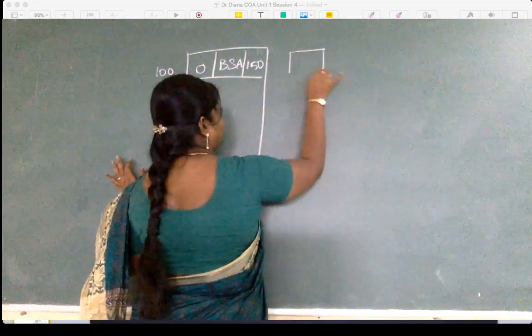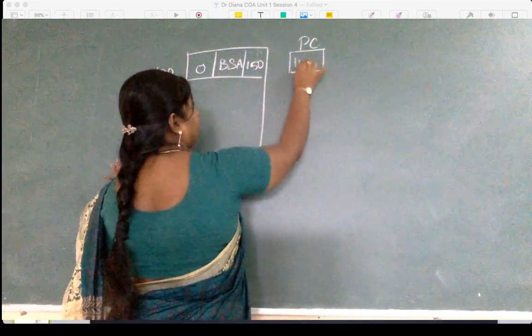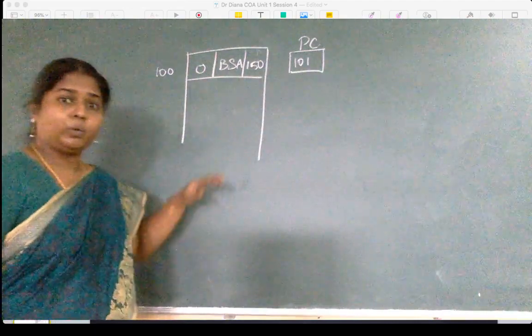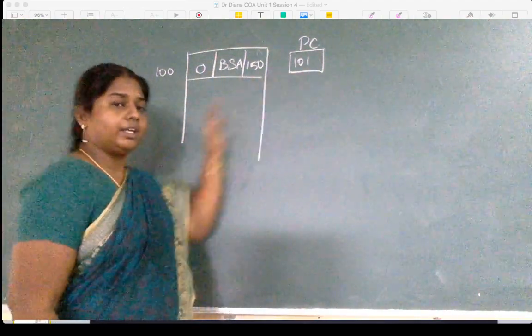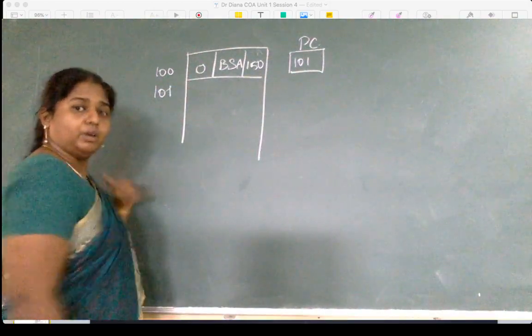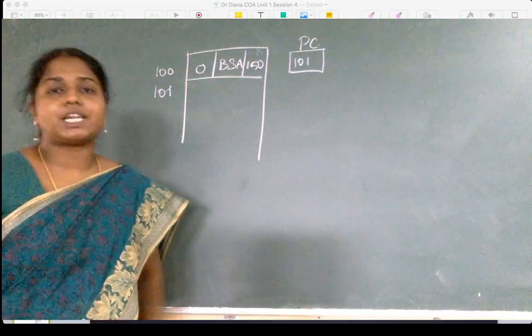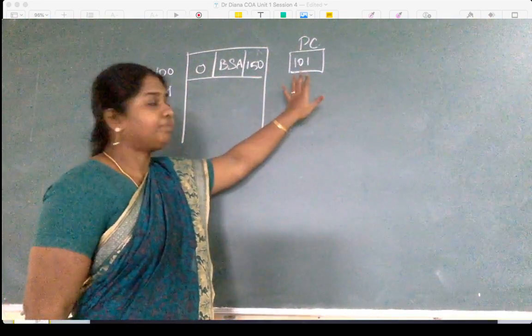My PC value will carry the value 101 when it is executing this particular instruction. This 101 is the next memory location in the program. So the program counter keeps track of what is to be executed next.